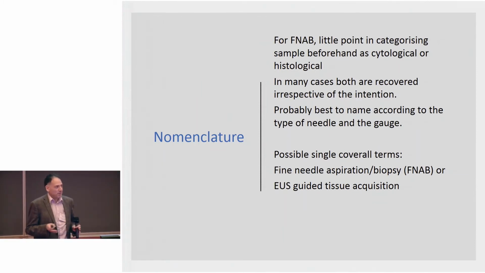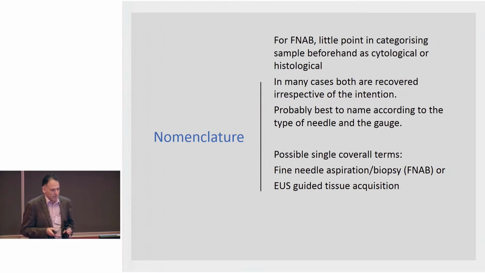Obviously we talked already a lot about different sorts of needles and FNA needles versus FNA-B needles. But really, from a pathology point of view, there's not much point in categorizing a sample beforehand as being a cytology sample or a histology sample, because in many cases, whatever needle you use, you do get a bit of both. You get cells floating in fluid, and you get bits of tissue.